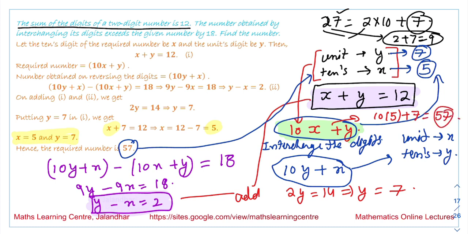Next is: the sum of a two-digit number and the number obtained by reversing the order of the digits is 99. So let the digits of the original number be x at the tens place and y at the units place.